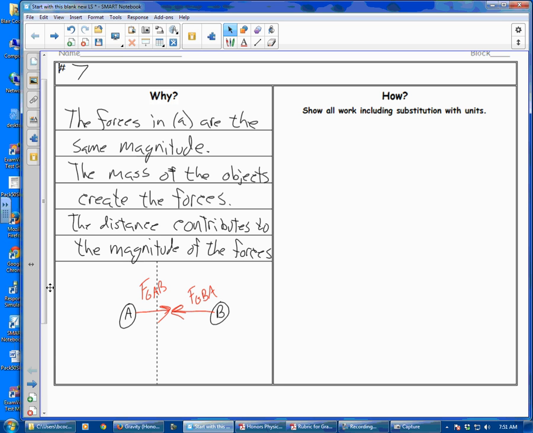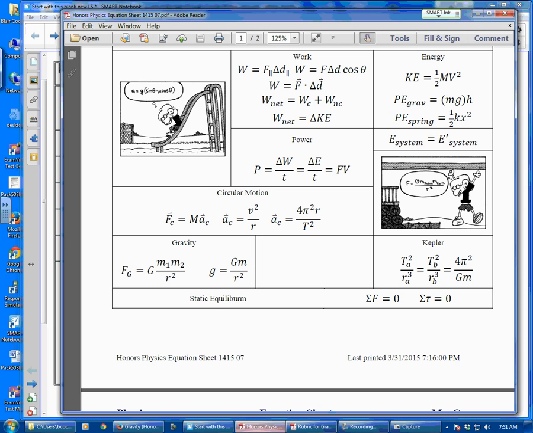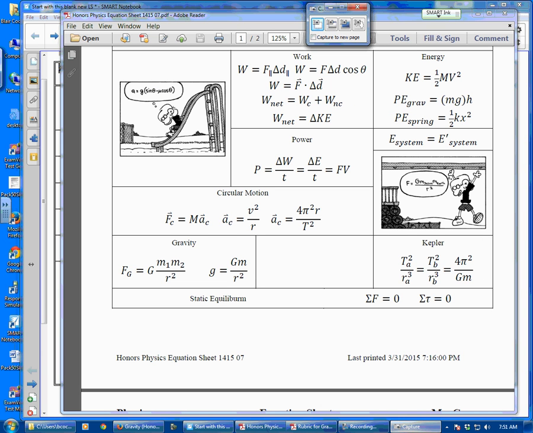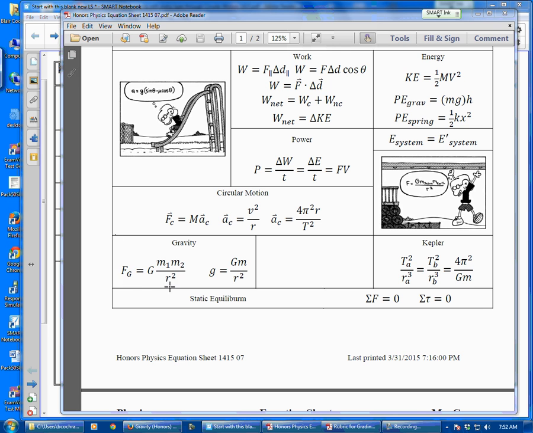So equation-wise, we want to use our universal gravitational equation, which is this one right here.